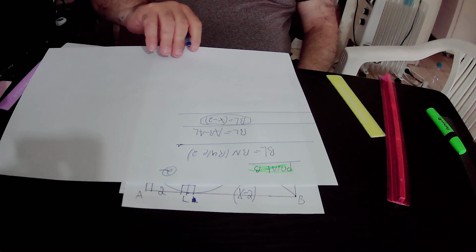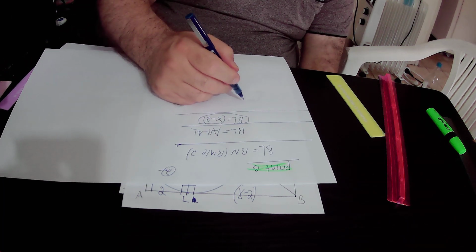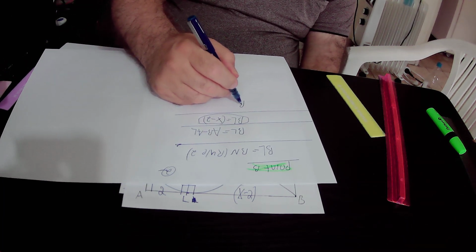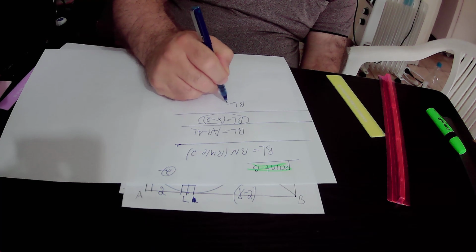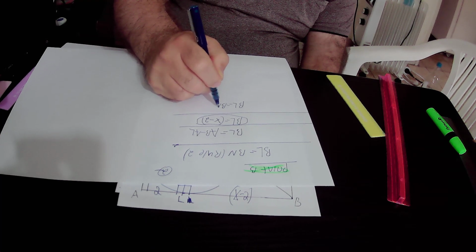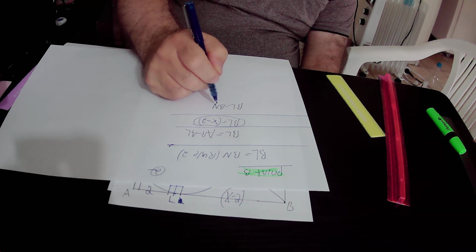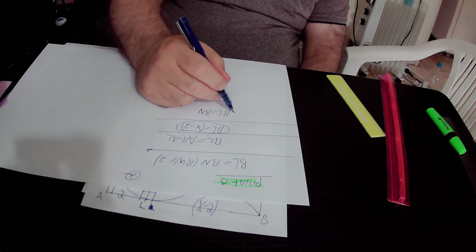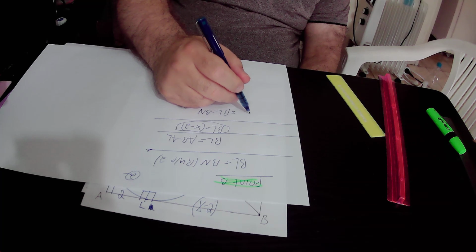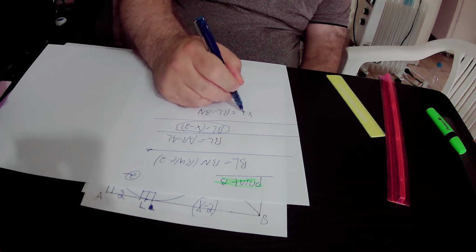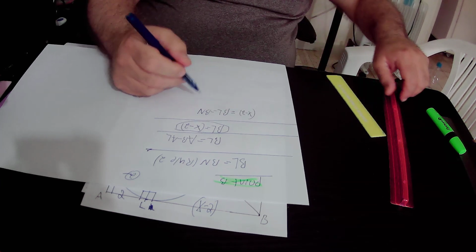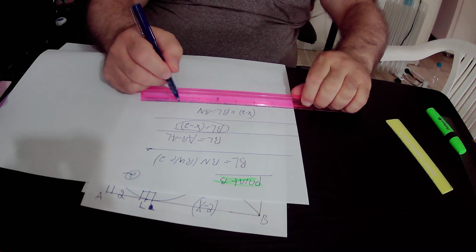BN equals x minus 2. So according to rule number 2, BL equals BN, but we just found out that BL is also equal to x minus 2. So I can write here that BL equals x minus 2.